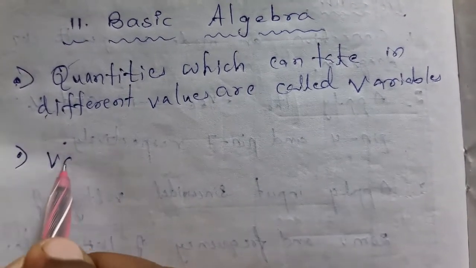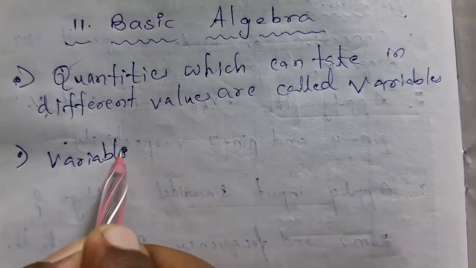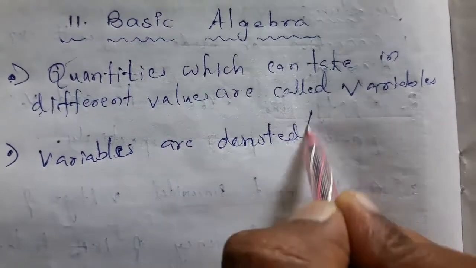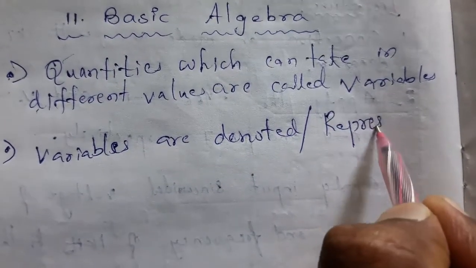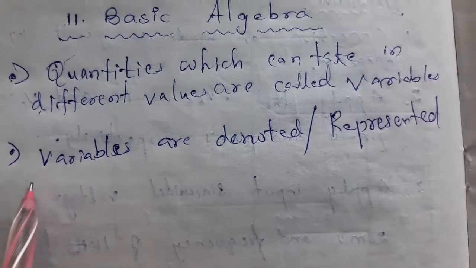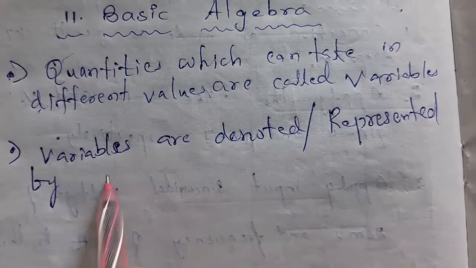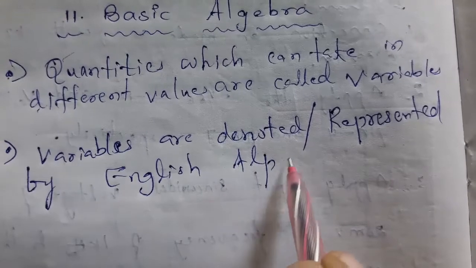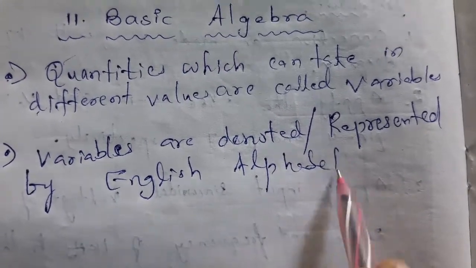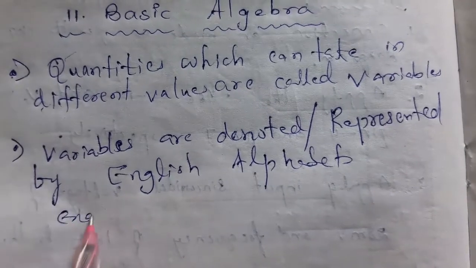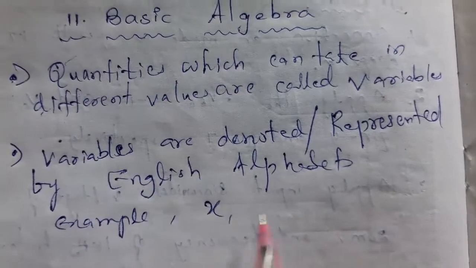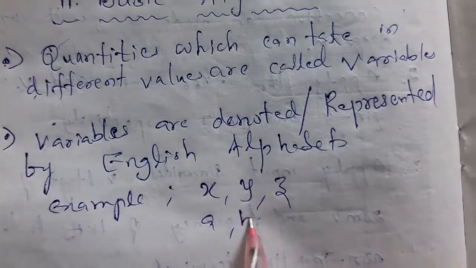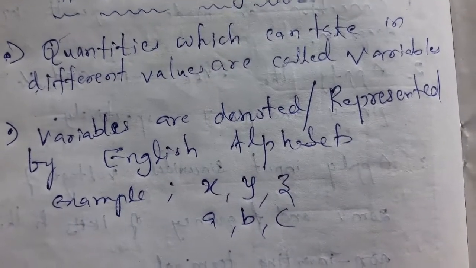Next point, variables are denoted or represented by English alphabets. Example, variable x, variable y, variable z, variable a, variable b, variable c, like this.